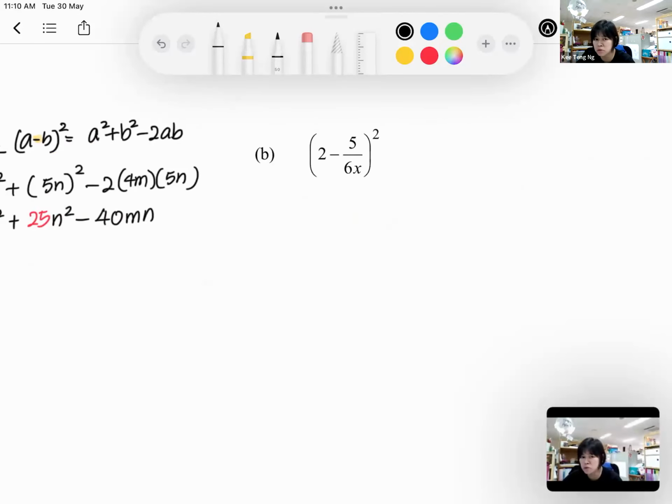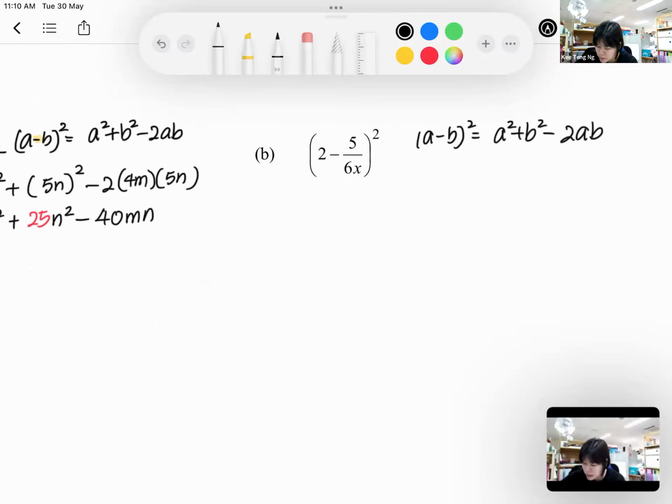So using this identity method, I'm going to do part B. Part B is actually the same, just that the numbers look a little bit horrible with a fraction, a bit terrifying, but it's actually the same. So now I'm going to use the identity (a minus b) squared equals a squared plus b squared minus 2ab.